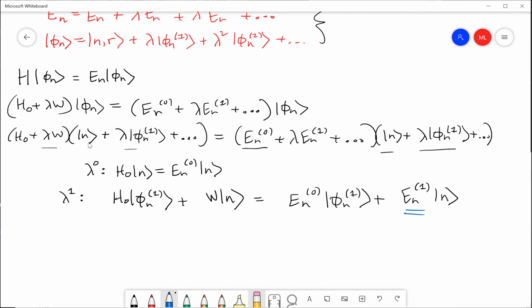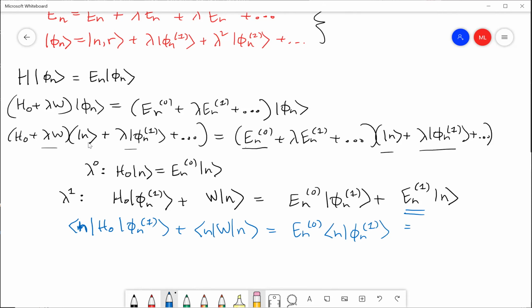The way we can do that is we take an unperturbed state, |n>, and we dot it into this equation. And what do we get then? This is just a constant that comes out. And here we get just <n|n>, which is just 1.